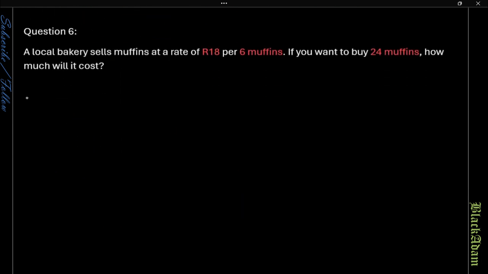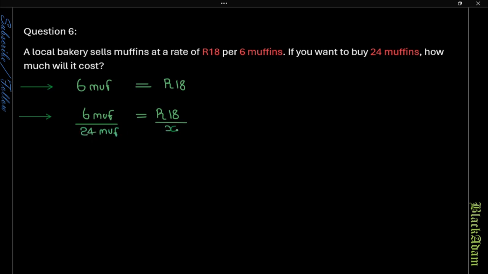Okay, and then the next thing is we're going to have a local bakery sells muffins at the rate of 18 rand per 6 muffins, so 6 muffins gonna be 18 rand. And then we repeat that so that we can simplify. So 6 muffins is equals to 18 rand. 24 muffins, we equals to x.